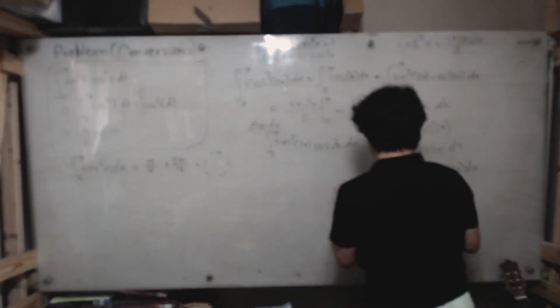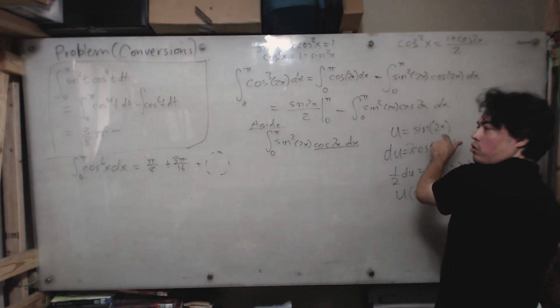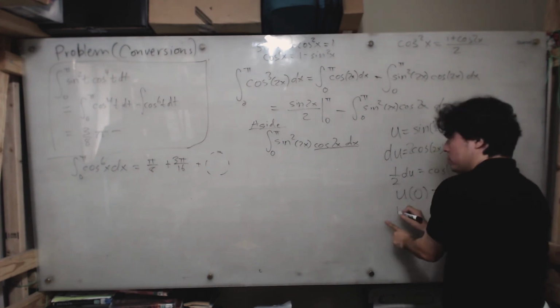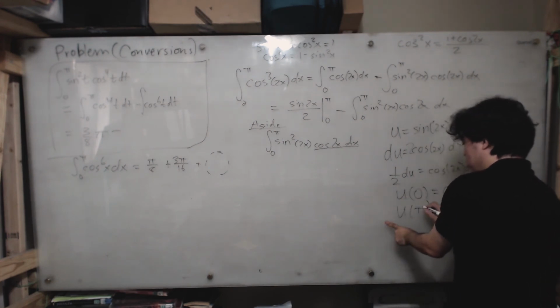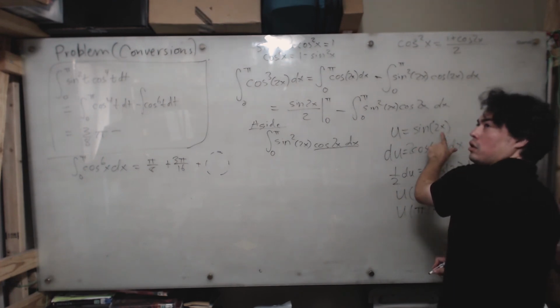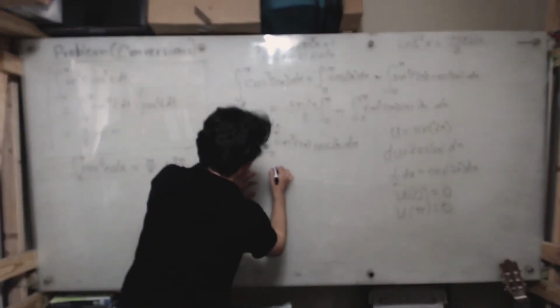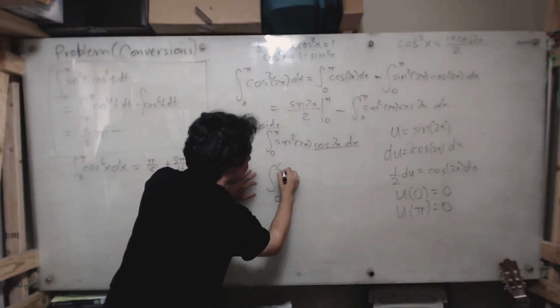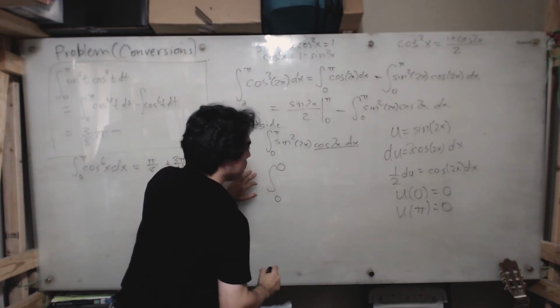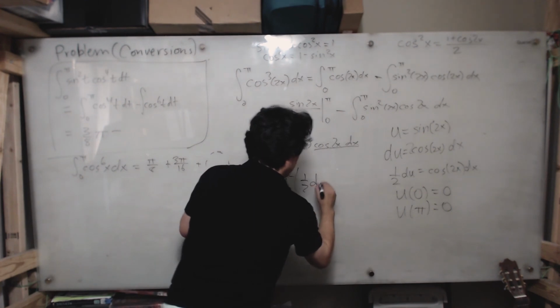Now, what is my u evaluated at 0? The sine of 0 is going to be 0. What is my u evaluated at pi? Sine of 2 pi. That's 0 also. Aha! So this integral is going to be the integral from 0 to 0 of u squared times 1/2 du.